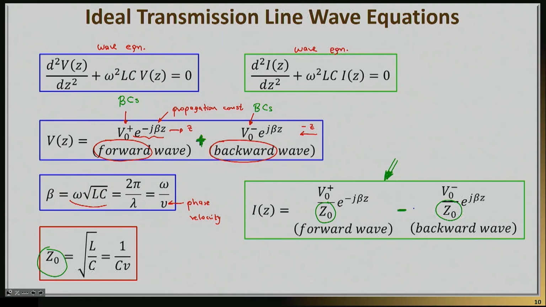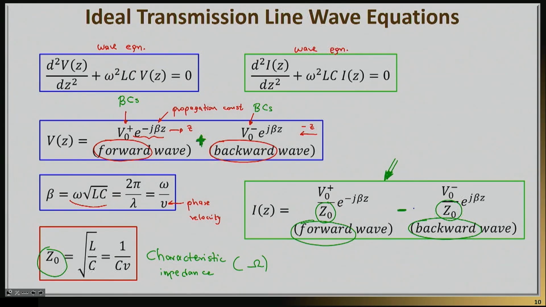So there is, again, a forward current wave, which has an amplitude of V0 plus by Z0, and a backward wave that has an amplitude of V0 minus by Z0. And this constant Z0 has a very famous name. It's called characteristic impedance. As you can probably guess from its name, it has a unit of ohms.